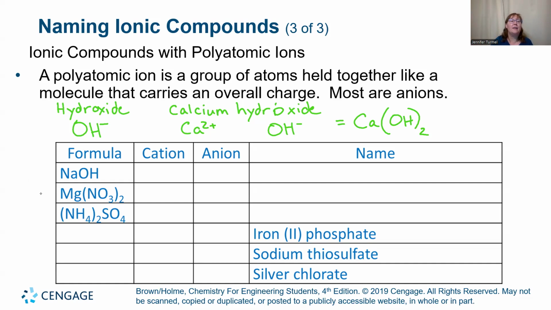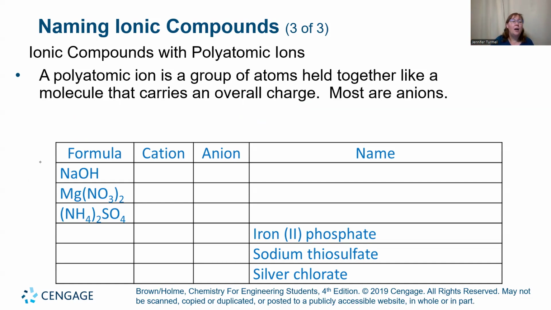Let's do a couple of other little things. Another reason why names are just so important is because we're going to look at potassium with sulfide, potassium sulfite, and potassium sulfate. You notice that these are very similar. Potassium is K+, sulfide is S2-, so potassium sulfide is K2S.